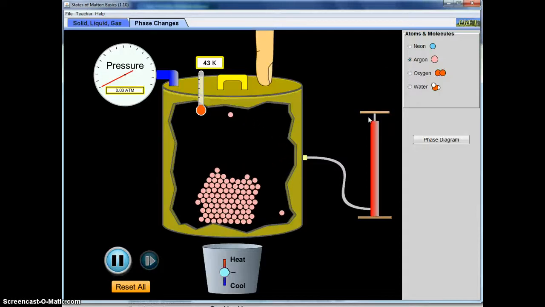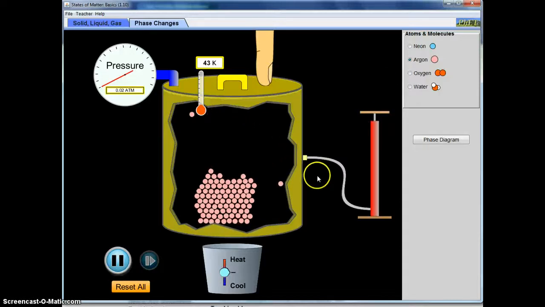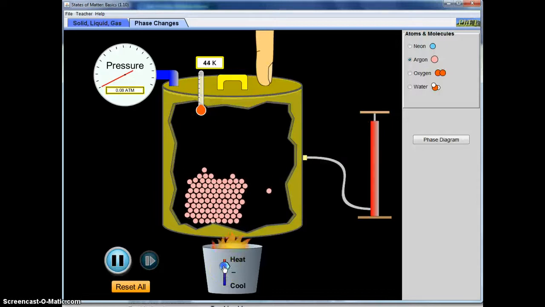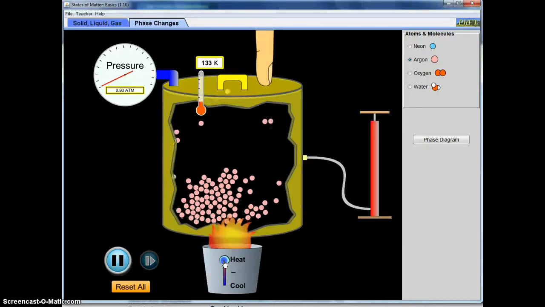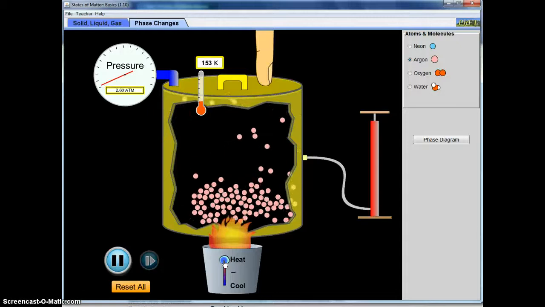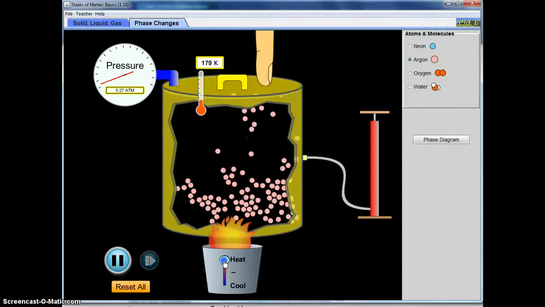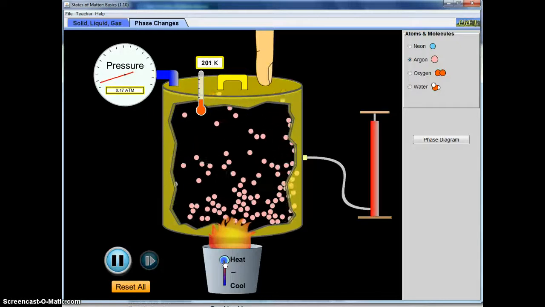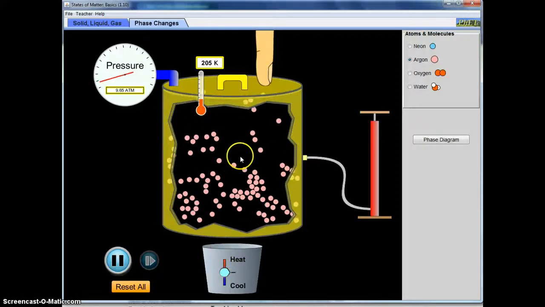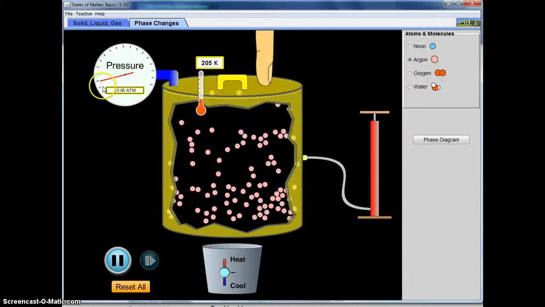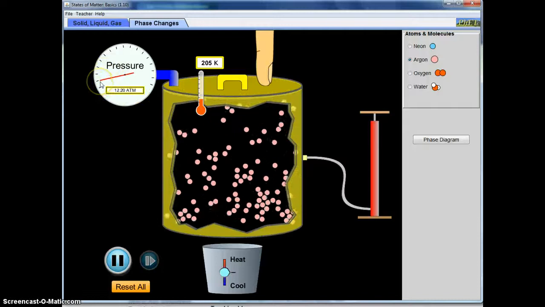Okay, but we're really more interested in what will happen when we change pressure and heat to a gas. So we're going to heat up these atoms and it'll change from a liquid to a gas. As I heat that up and turn it into a gas phase, look over here at the pressure gauge and you can see how the pressure has been climbing.